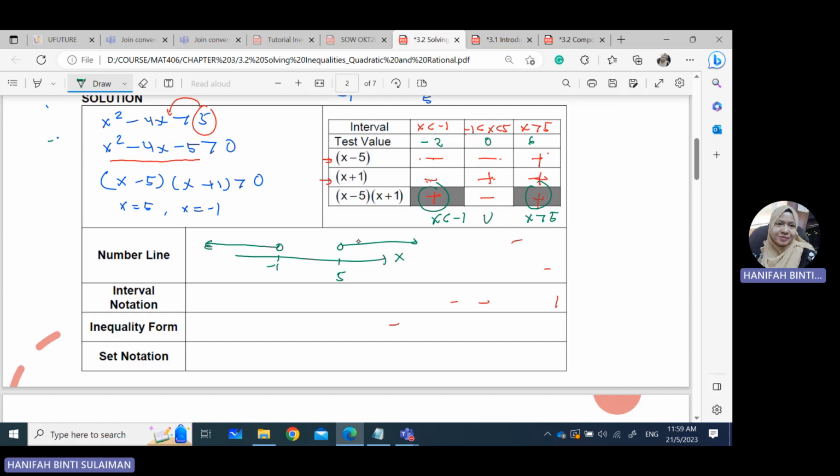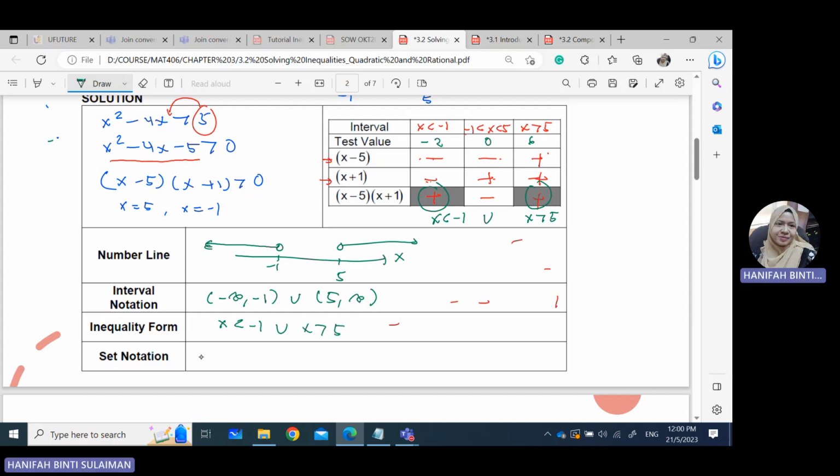Interval notation. Untuk part x is less than negative 1, it is a negative infinity to negative 1, approaching to negative 1. Union, kita guna union. 5, and it is approaching to infinity. Untuk inequality form, x is less than negative 1, union with x greater than 5.